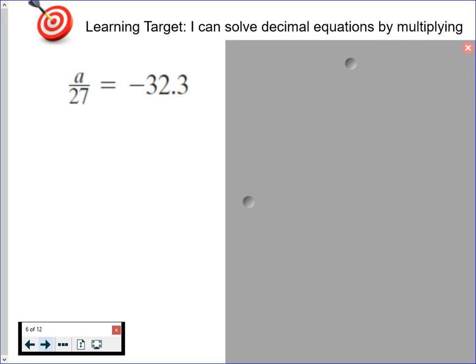Last two examples, again, pause the video, come back and check to see how you did.